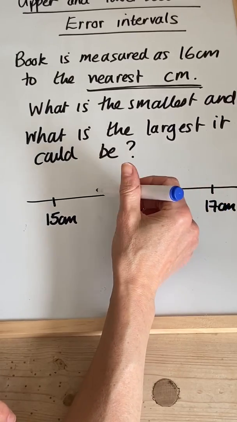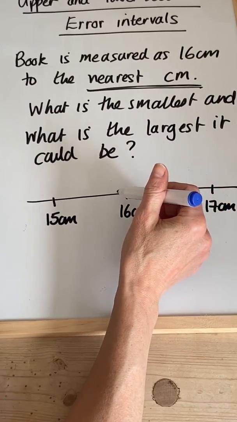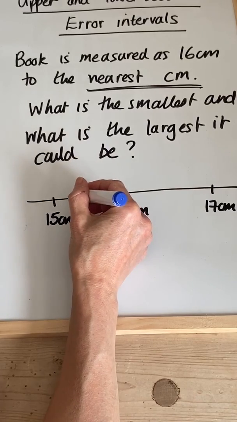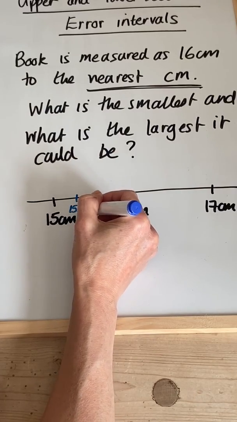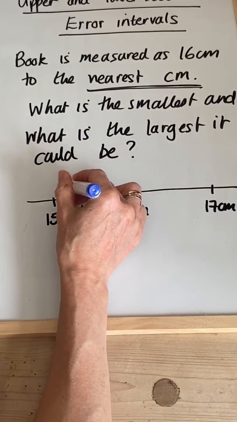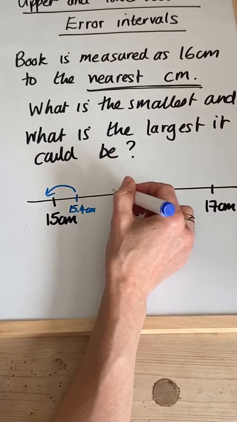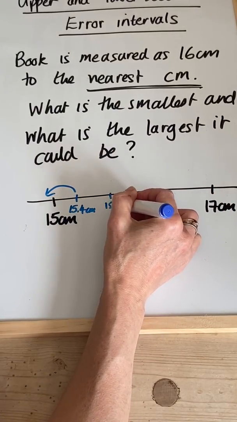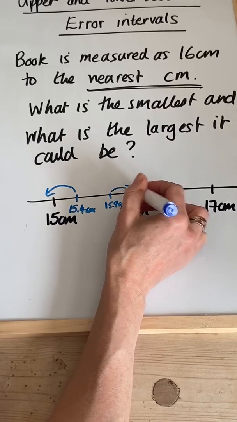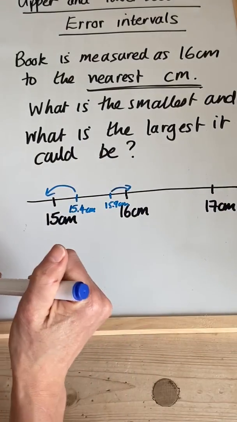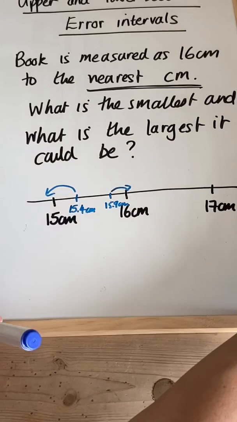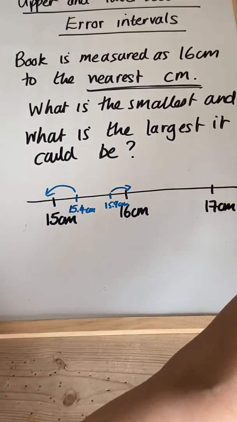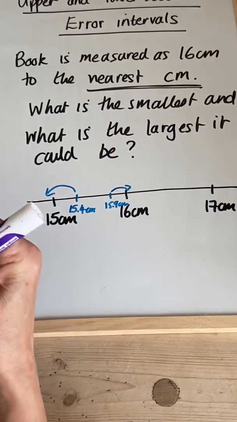Now we know that if we're rounding to the nearest centimetre, if something is 15.4 centimetres, we will round it down. If something is 15.9 centimetres, we would round it up. What is the smallest number that we could round up to 16 centimetres?